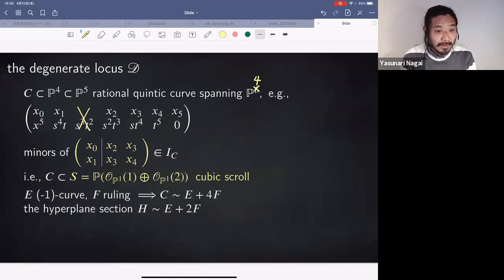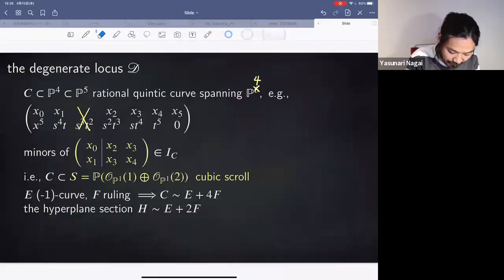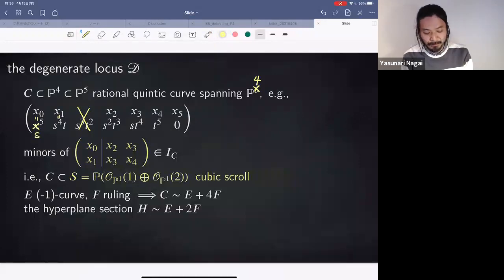So this gives such an example. And from this parameterization, x0 is s^5, by the way, and x1 is s to the power 4 times t, and so on.